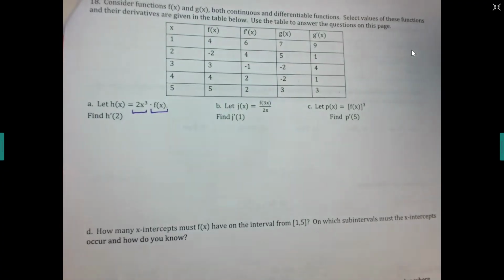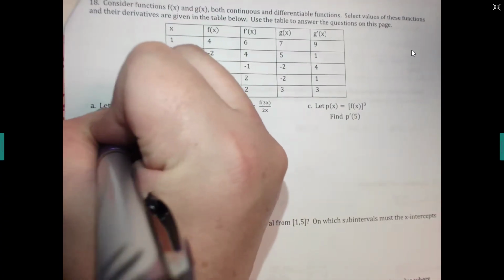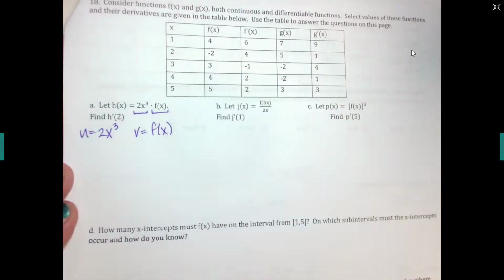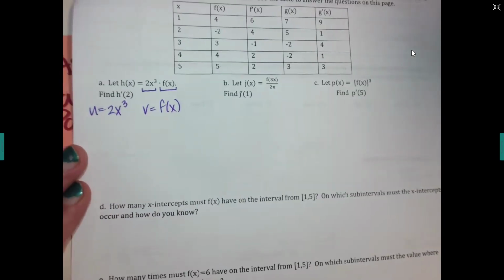Then we're going to take our original U and V, find our U and V primes, and then cross product. So my U is a 2x^3. My V is an f of x. What would U prime be? 6x squared. What would V prime be?